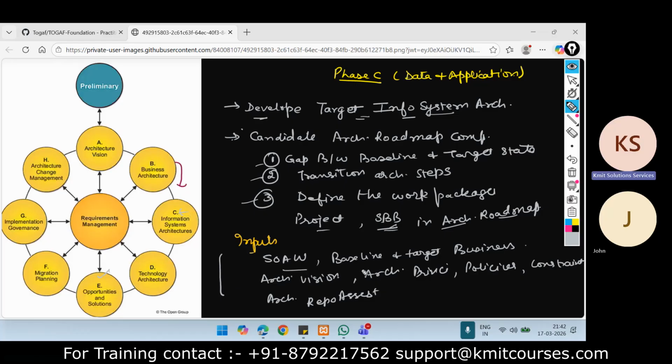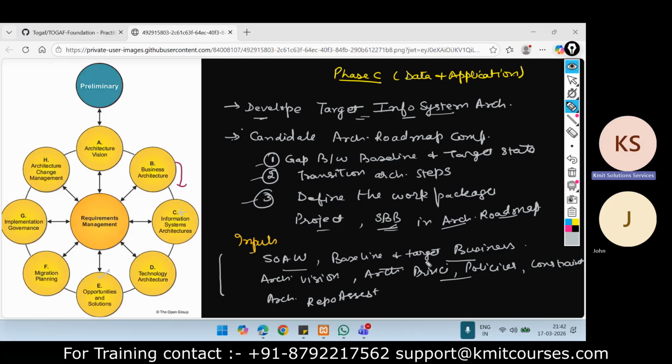So it will get the information from all these different documents, or from where? Mostly these are the documents only, right? Or you just talk to the business architect team. You need to talk to the enterprise architect team, how I can get that information, where it is documented, right? So repository access you need, right?